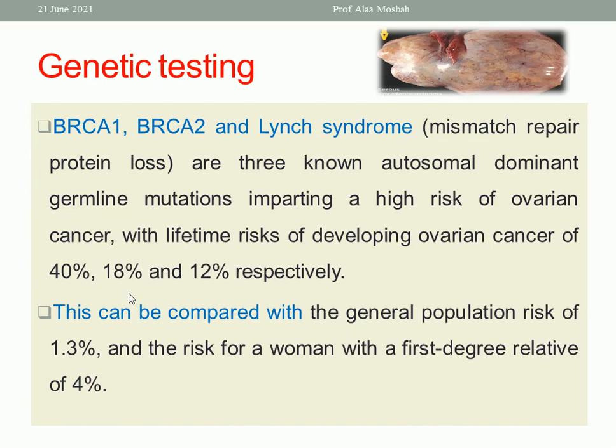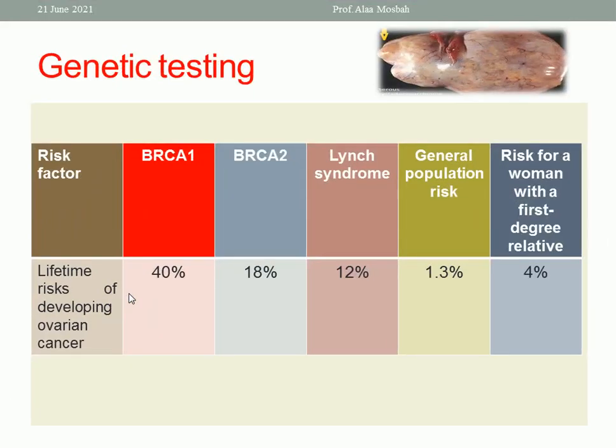And if we want to compare it with the general population, as in this table, please look at this. The lifetime risk of developing ovarian cancer in BRCA1 is 40%, in BRCA2 is 18%, in Lynch syndrome 12%, while in the general population risk is 1.3%, while risk for women with a first degree relative is 4%.